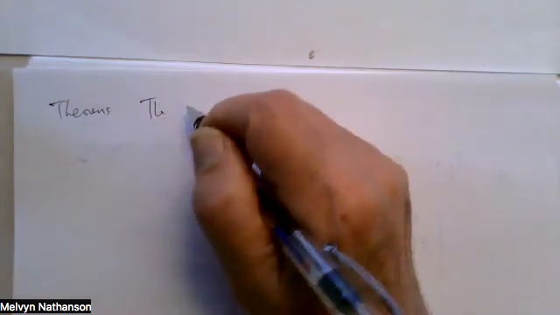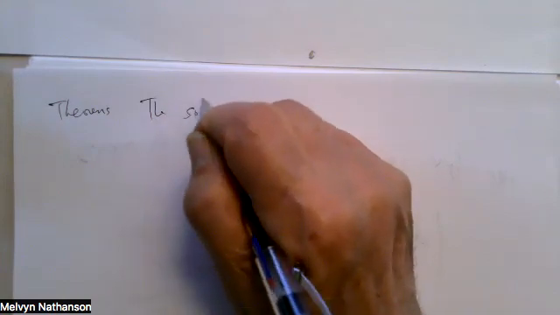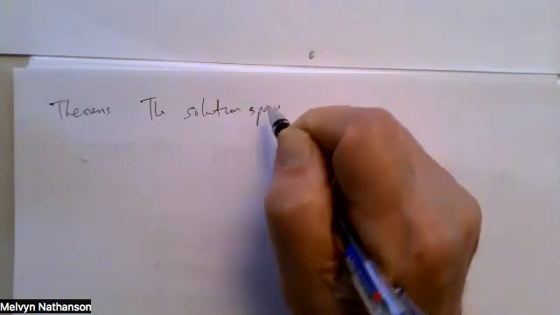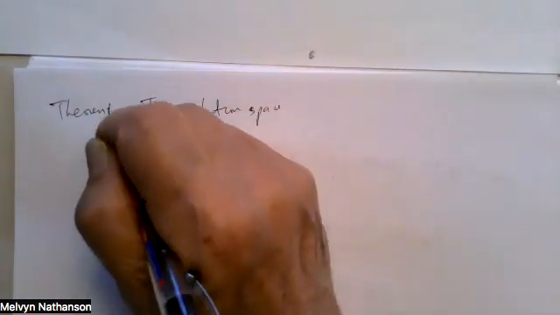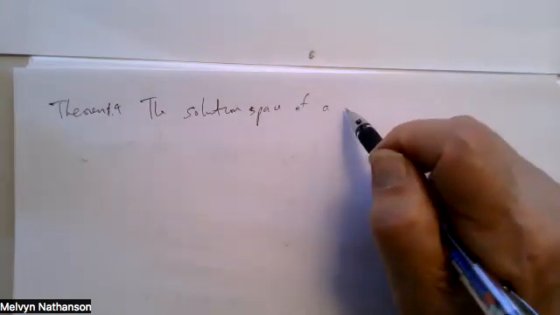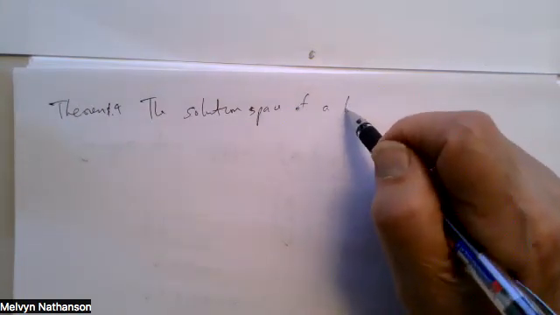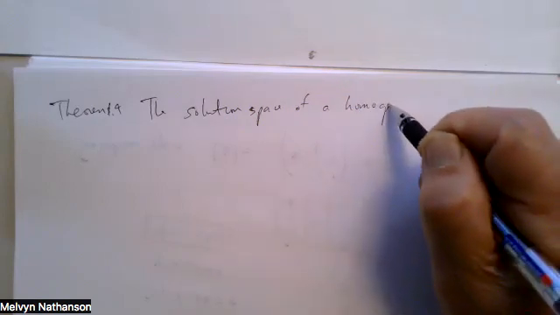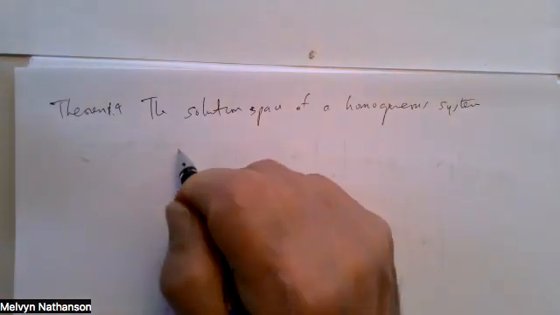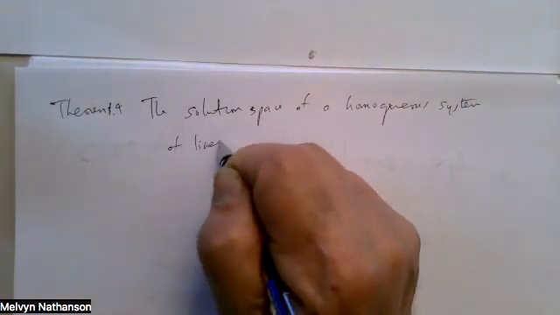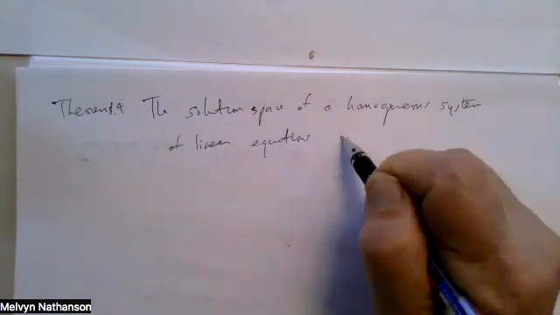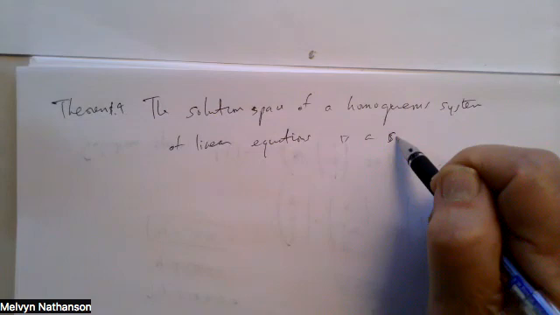The solution space, this theorem, I think 1.4 in the text: the solution space of a homogeneous system of linear equations is a subspace.